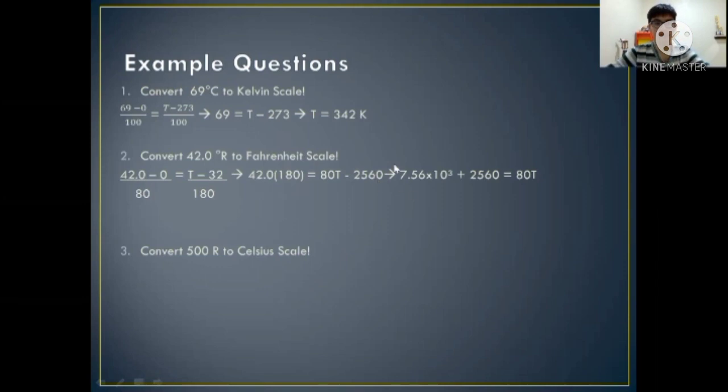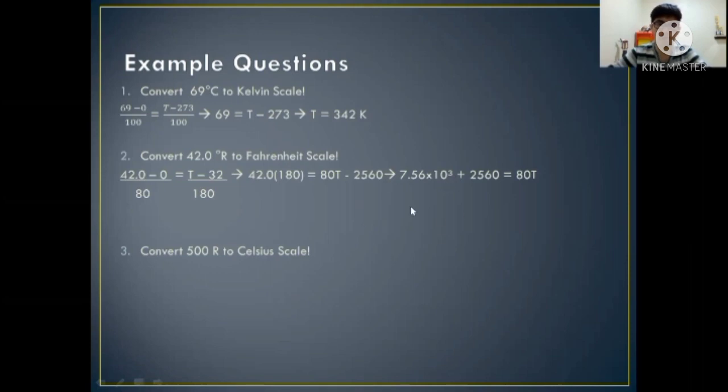After you cross multiply it, you have 42.0 multiplied by 180 equals 80T minus 2560. Now, let's calculate first the multiplication on the left side. So grab the calculators. 42.0 times 180 will become 7,560. But why here do I use 7.56 times 10 raised to 3?